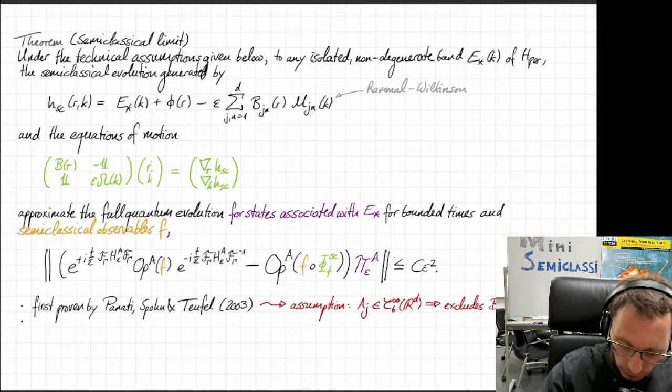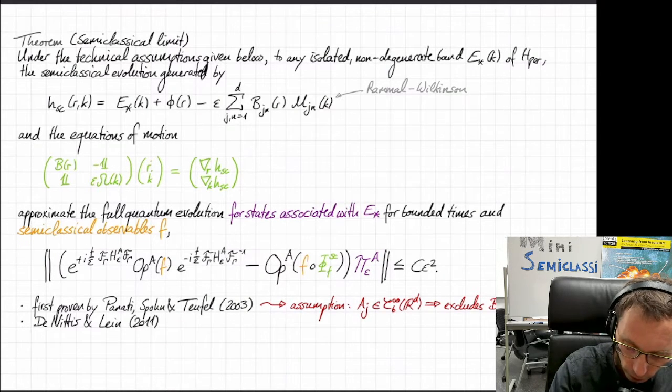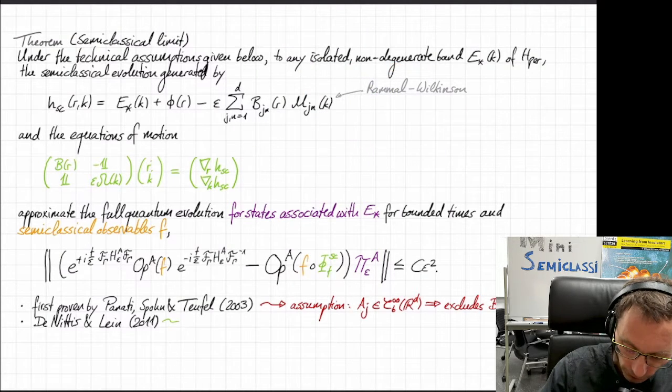This was remedied by De Nittis and myself, the publication was in 2011. So this was an extension to constant magnetic fields, essentially.